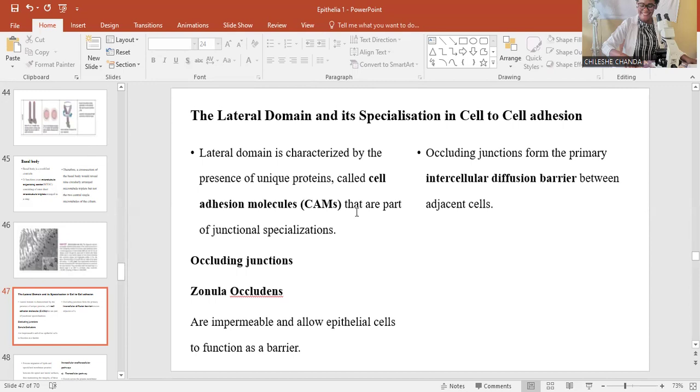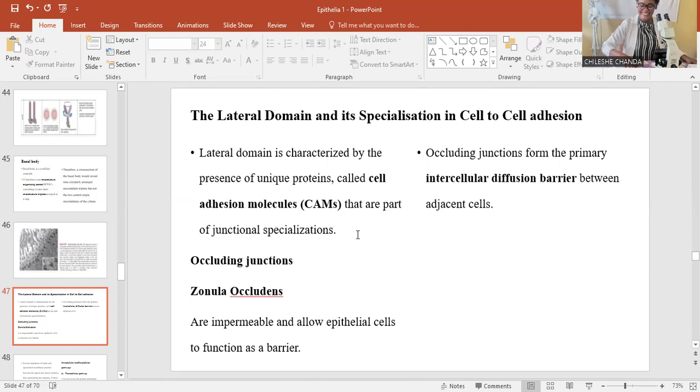So now in the sides, on the lateral domain of the cells, we are going to have several things, and some of the things that we're going to have would be adhesions. Okay, the lateral domain is characterized by the presence of unique proteins called cell adhesion molecules.